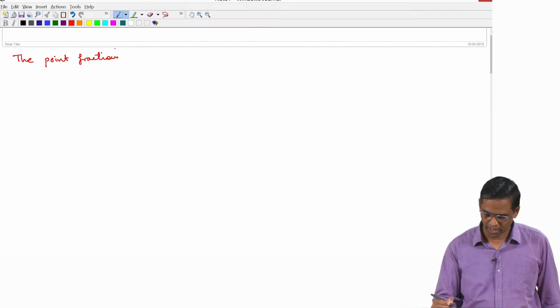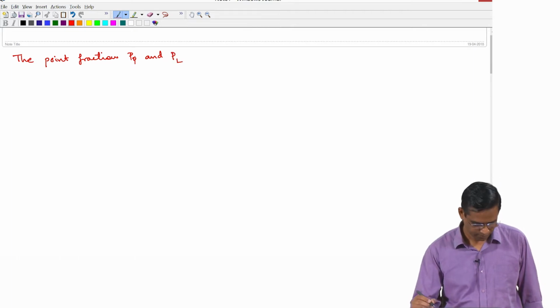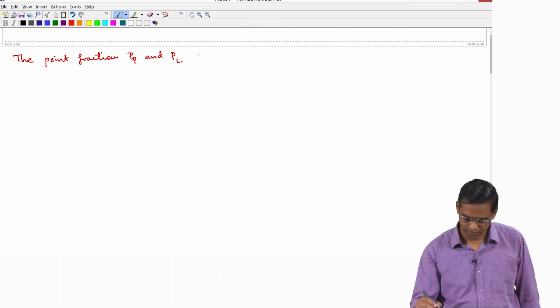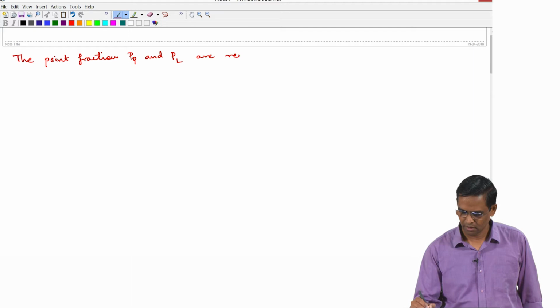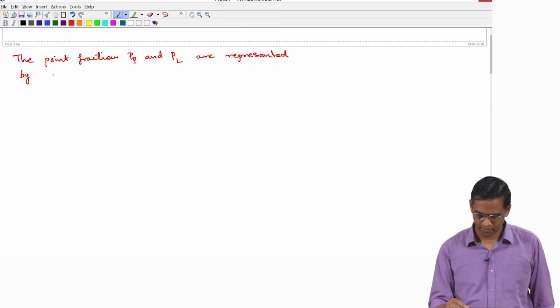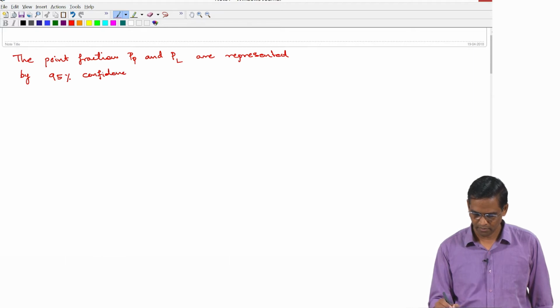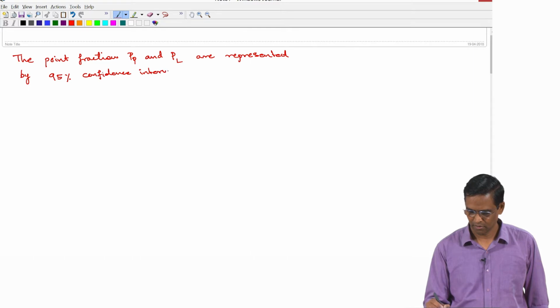So, today, if you recall what we have done, the point fractions PP and PL are represented by a 95% confidence interval.